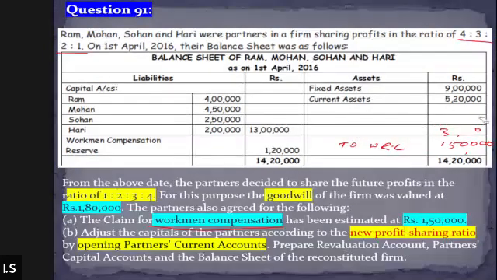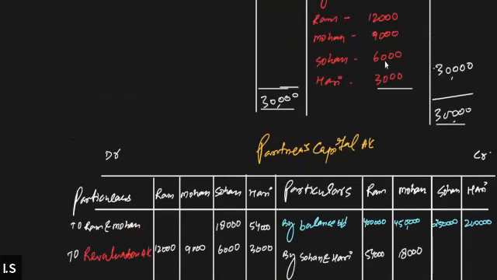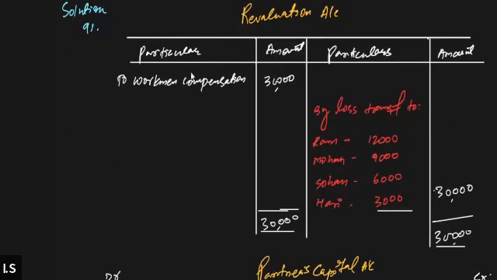That means the 30,000 will be written in the revaluation account. So we'll go to the revaluation account, and on the debit side, we'll write down "To Workman Compensation, 30,000". Got it, everyone? This indicates that the workman compensation claim is greater than the workman compensation reserve.